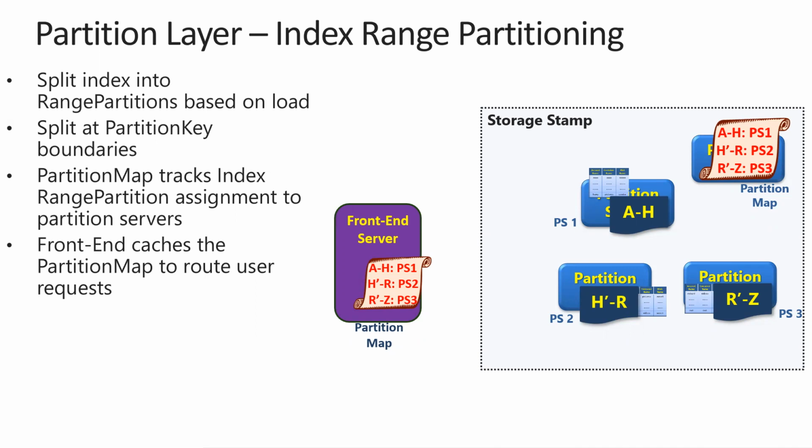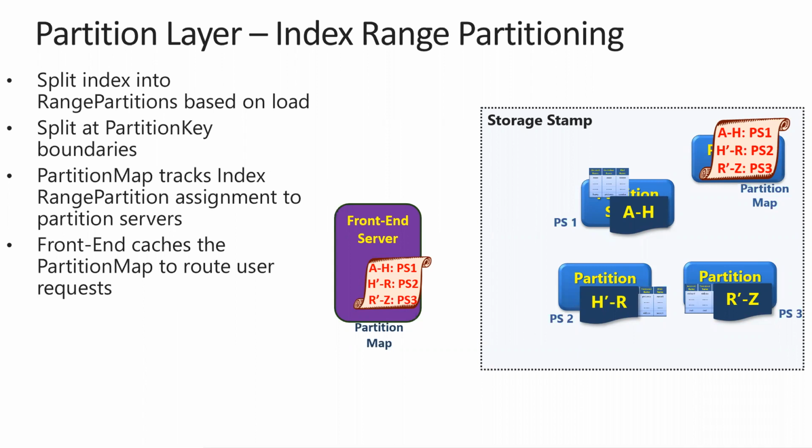All the accounts that can fit in one storage stamp will be stored in that storage stamp. Once that storage stamp becomes full, they will create a new storage stamp in that data center or in a different data center, and it will store more accounts over there.